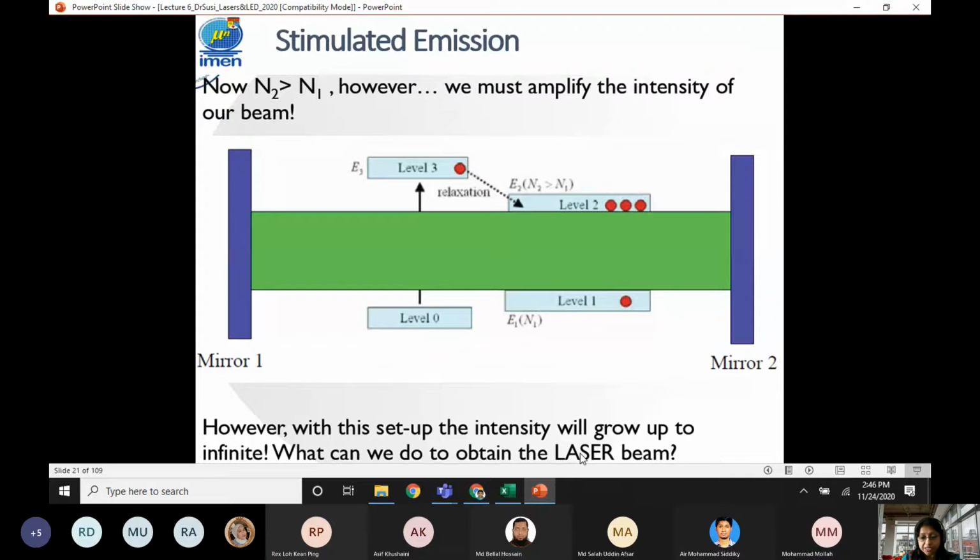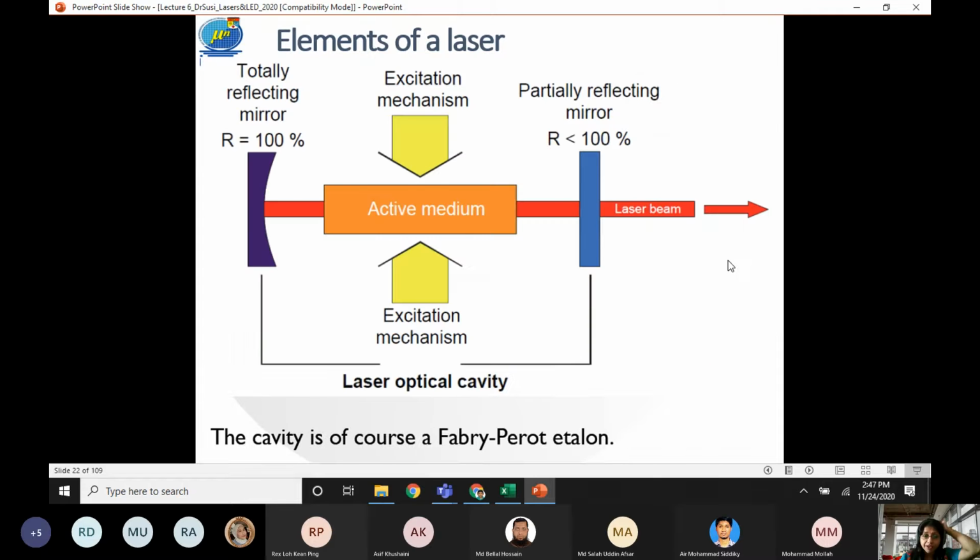So what can we do to obtain the laser beam? When the light is emitted here, you have the light oscillating between these 2 mirrors. It keeps on oscillating until the intensity increases and light is emitted out through one of the facets or one of the mirrors. Okay, so you have the active medium.